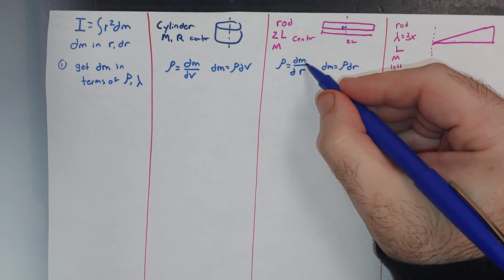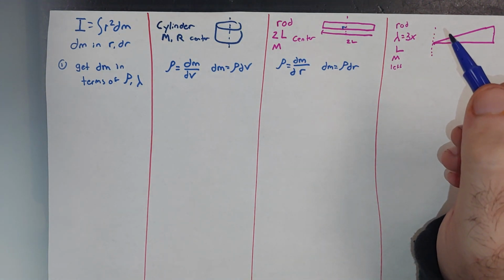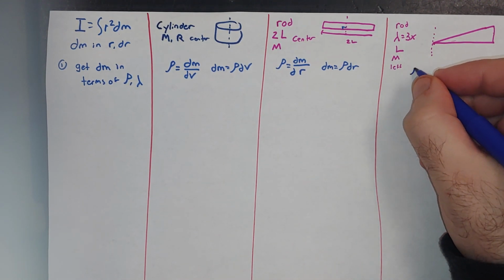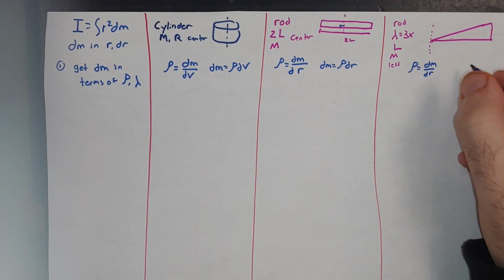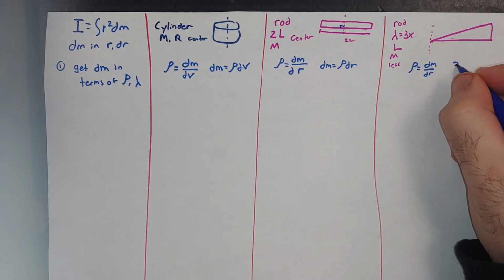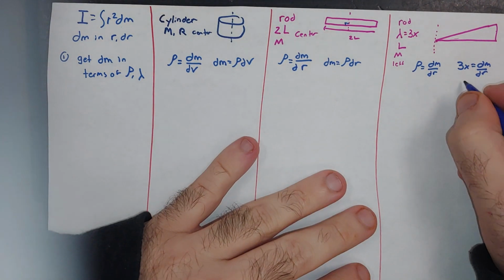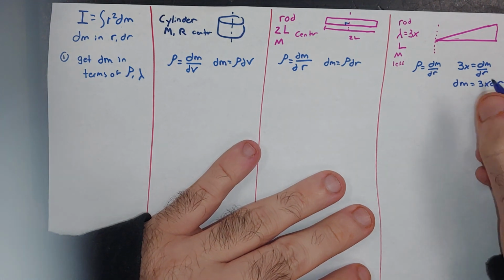If you change the radius by a certain fraction, the mass will also change by that same fraction. And finally here, I know that density is dm over dr, but now I have a term for my density. 3x equals dm over dr. So dm is 3x dr.